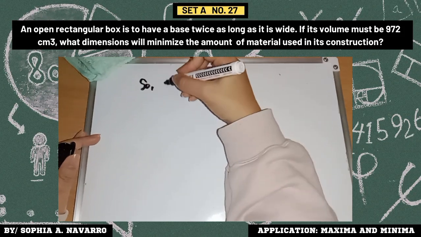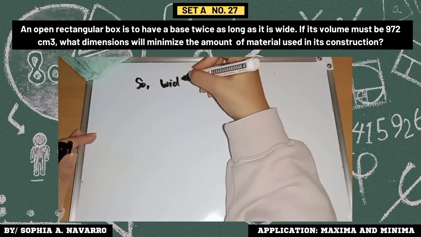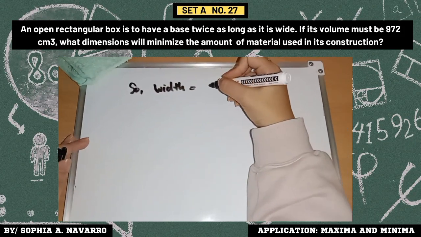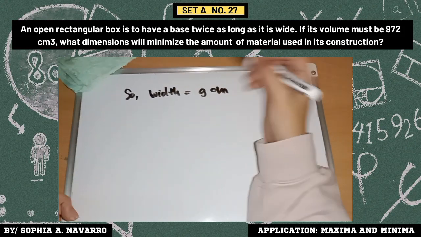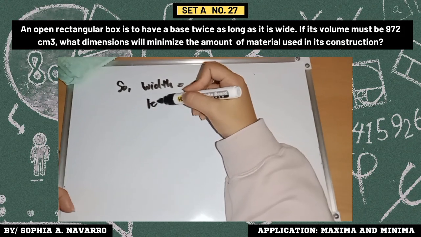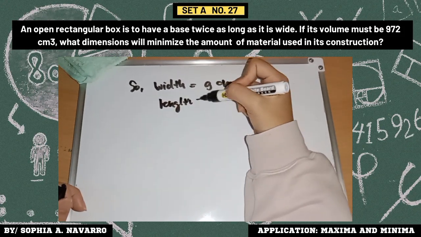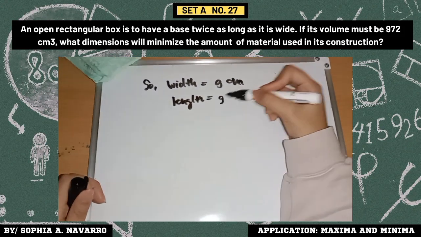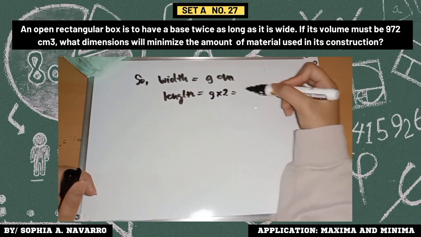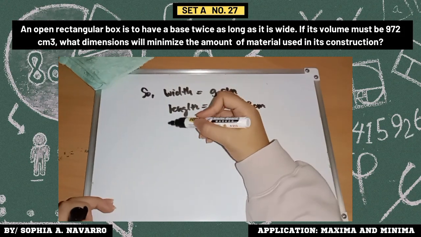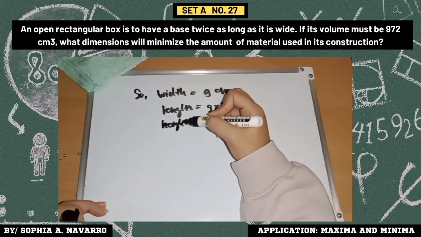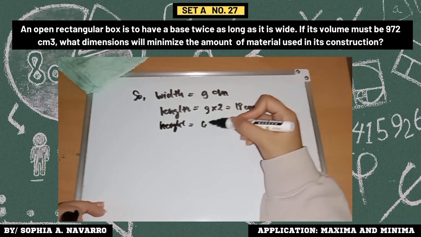So the width will be 9 centimeter, while the length will be equal to 9 times 2 equals 18 centimeter, while the height will be equal to 6 centimeter.